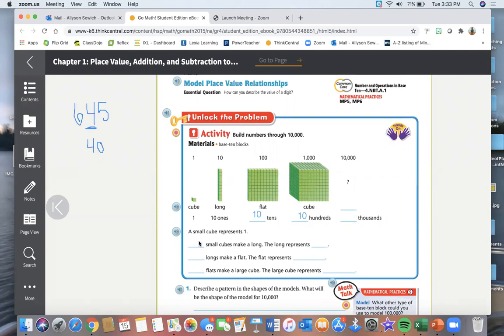All right. Now it's asking us, blank, or a small cube represents 1. Blank small cubes make a long. So how many small cubes make a long? We know that 10 small cubes make a long, and the long represents 10.